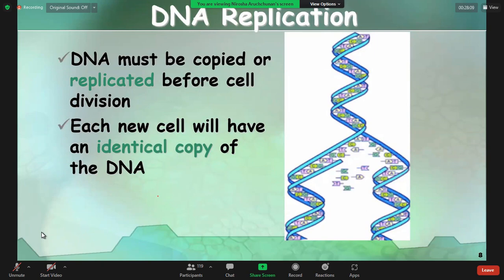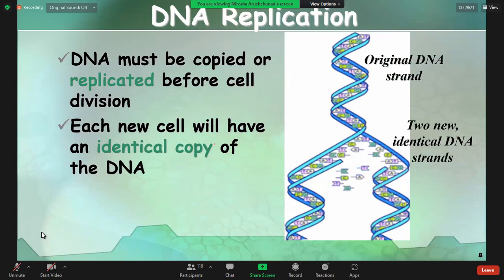Before moving into cell division, I need you all to be clear on these simple processes, right? So, DNA replication, how does it happen? Here we can say DNA must be copied or replicated before the cell division, right?